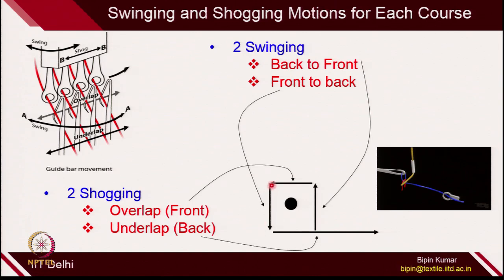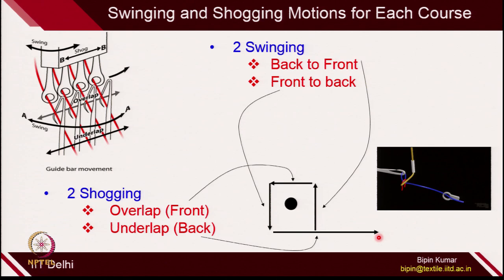Then it again goes for swinging motion from front to back side, and after that it does the underlap at the back side of the needle. Once it completes these 4 individual motions, it goes for the development of the next course on a different needle.